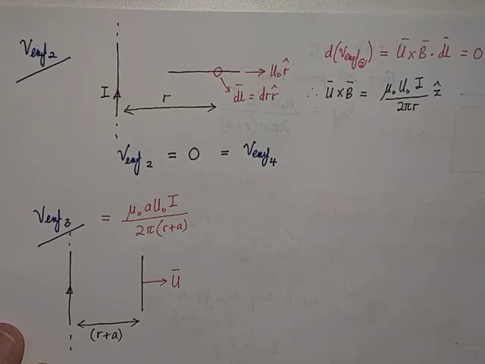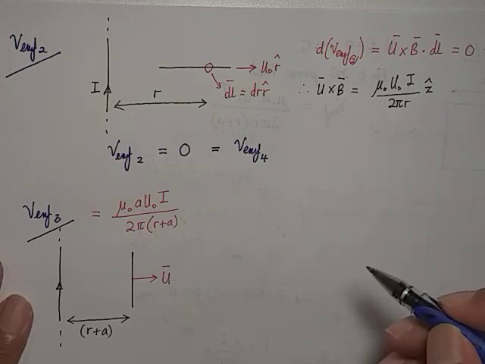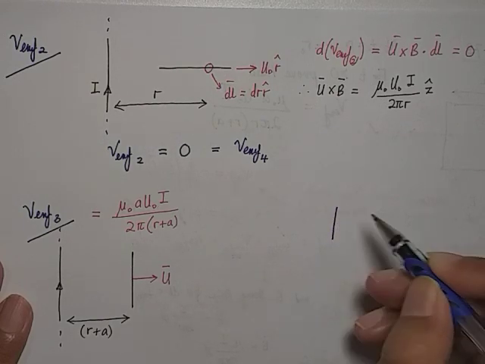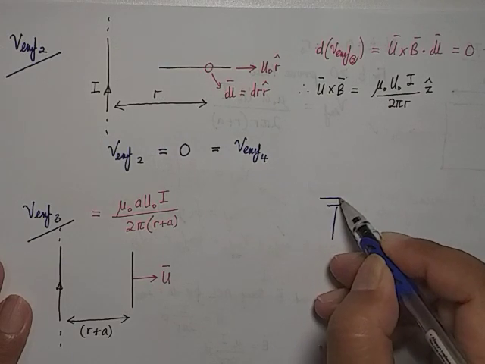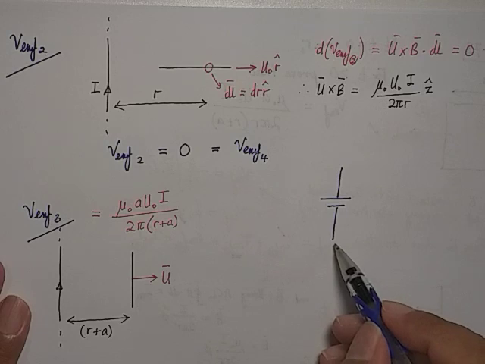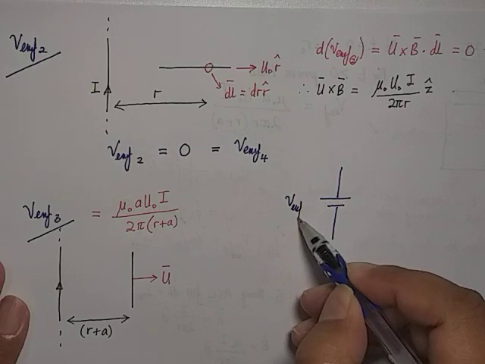So now, what I have to do, I'm going to represent the solution in a graphical form. Remember, the way we take the integration limit from 0 to A. Okay, so therefore, since I'm taking the integration from 0 to A, for side number 1, I'm going to draw my source in such a manner. Why? Because I'm doing the integration from 0 to A. Then I obtain this to be positive VEMF number 1.